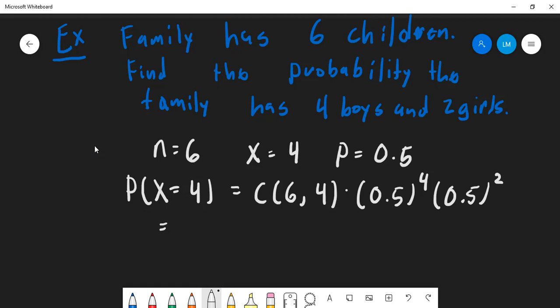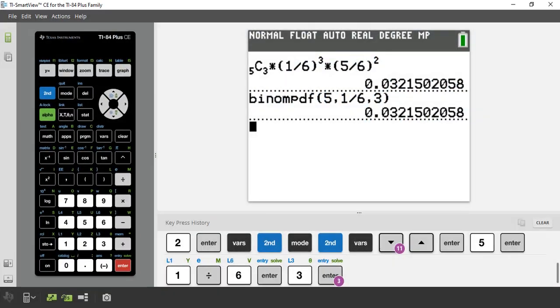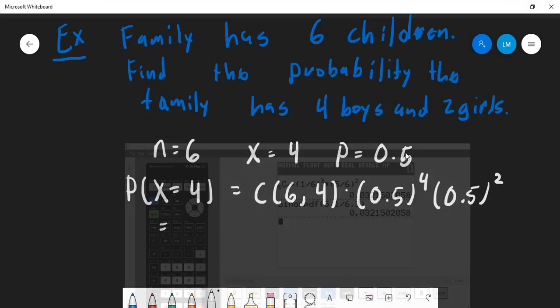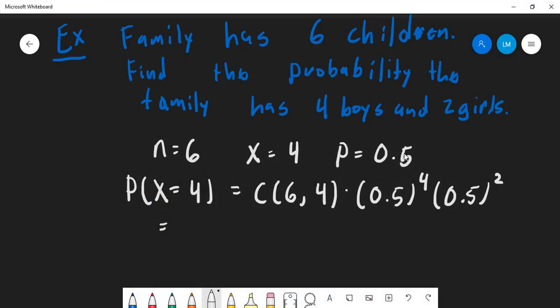Okay, but let's go ahead and use our calculator. Let's write this out first. To find an exact probability, we can use Binomial Cdf, and that's just going to be 6, 1/2, 4.